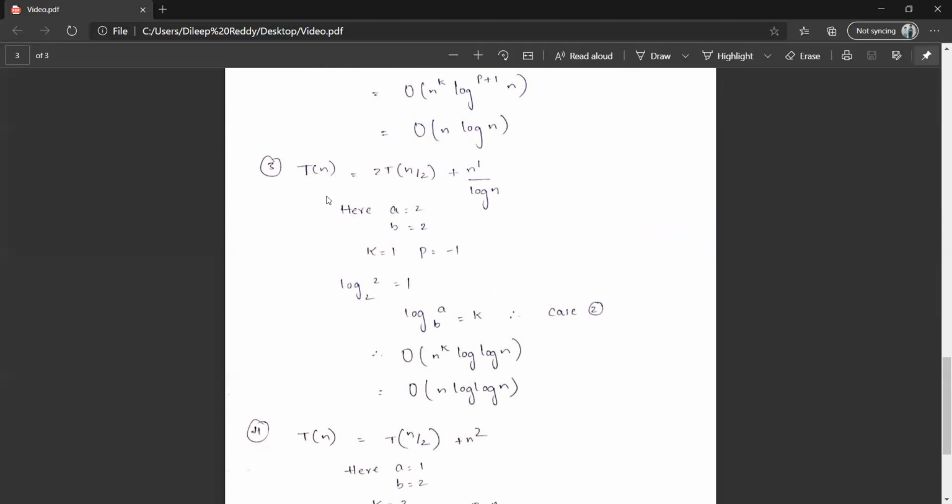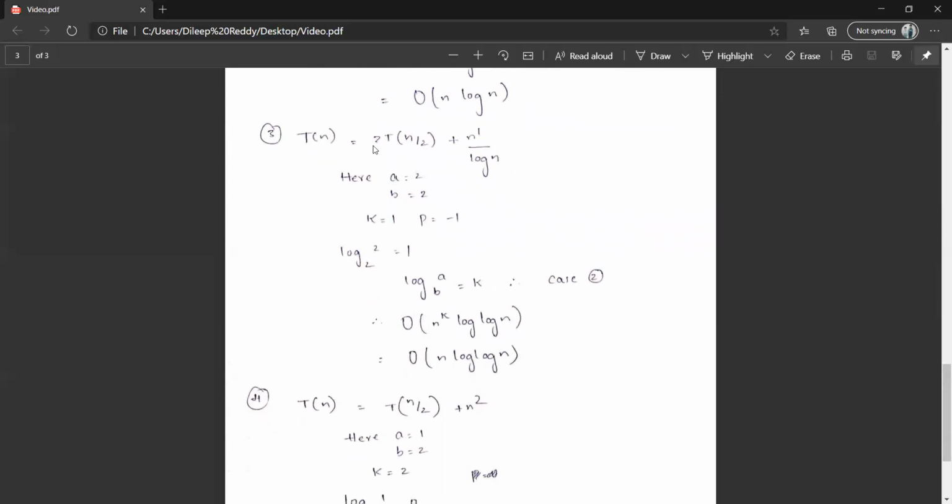Now we'll see example 3. Here we take T(n) = 2T(n/2) + n^1 / log n. Here we can clearly get the values of a and b, that is 2 and 2, and also the value of k, that is n to the power 1, so the value of k is 1, and p is equal to -1, because here log n is in the denominator place.